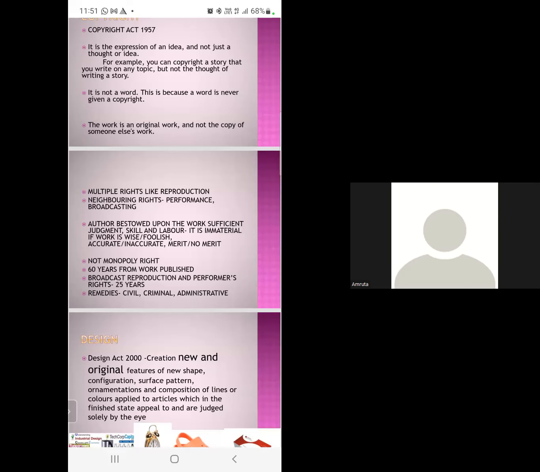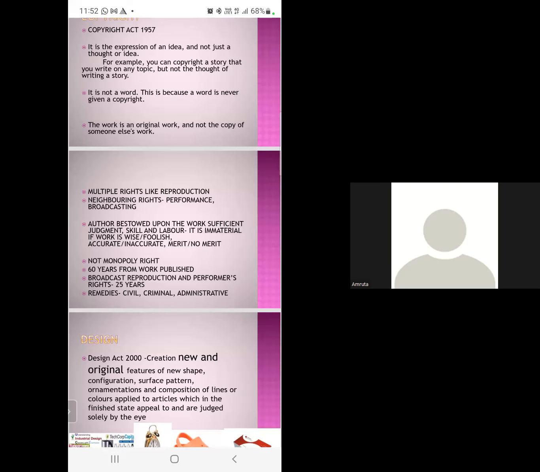And as there are thousands of rights created because of one copyrighted product, it is granted for 60 years, which is the highest. Once the work is published, it is protected for 60 years. So for example, if I write a novel and publish it tomorrow, then I will get the copyright for 60 years from its publication.